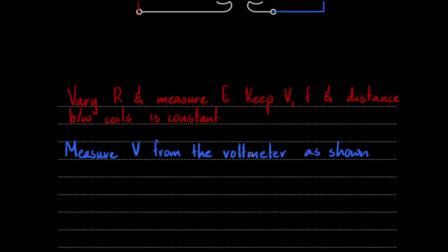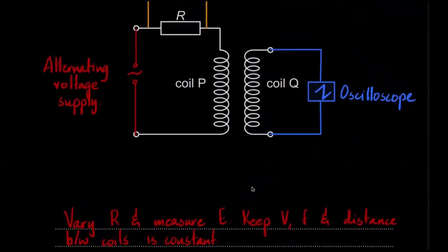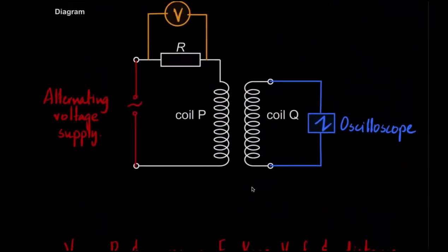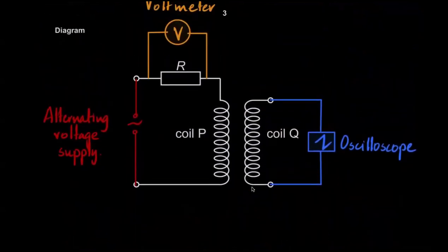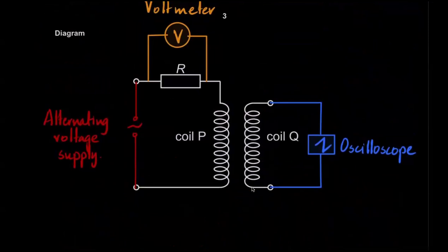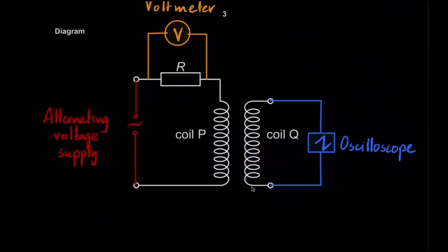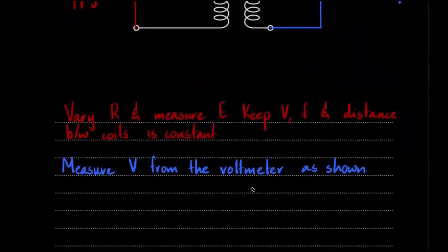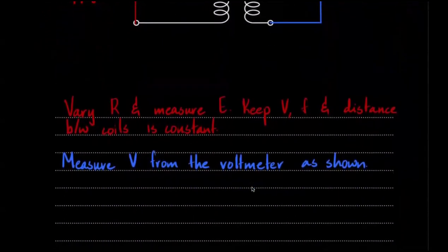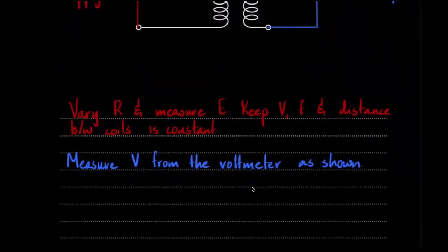Otherwise, you'll have to use a variable resistor, and life is hard enough as it is without it here. So let's just not talk about that, which is how you talk about V, right? Because usually for the control variables, we should talk about how it should be constant. But here it's a bit difficult to do that. So let's keep that on the side for now, and then we'll come back to it later. So right now we just say we measure V from the voltmeter as shown.